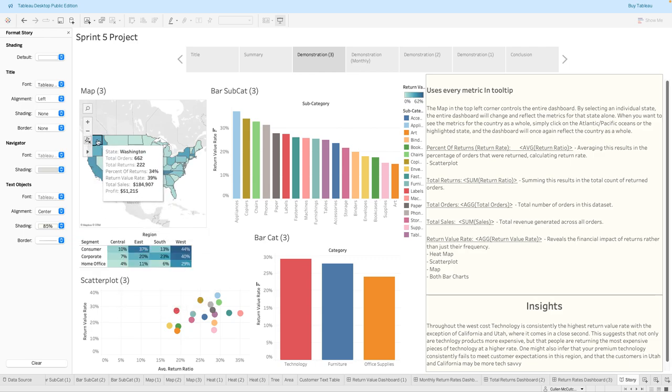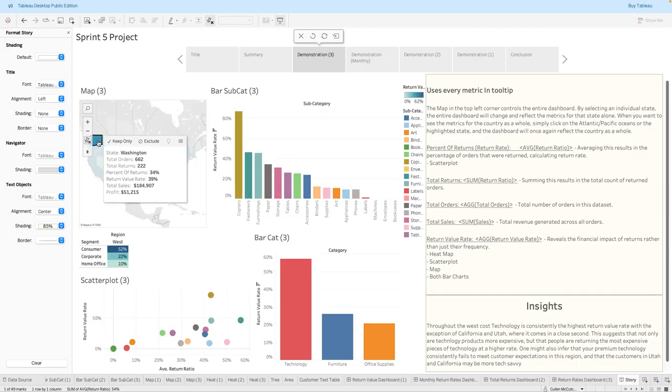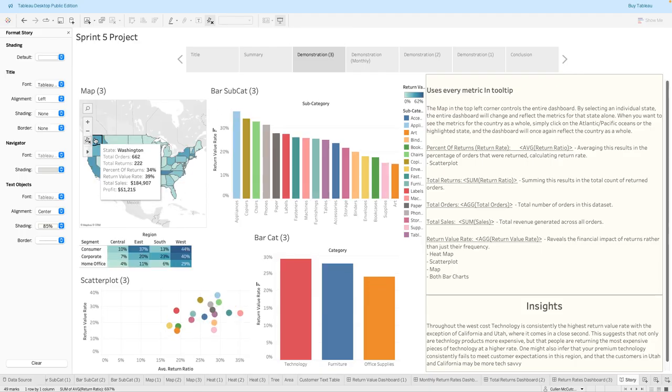So the map in the top left corner controls the entire dashboard. By selecting an individual state, the entire dashboard will change to reflect the metrics for that state alone. When you want to see the metrics for the country as a whole, simply click on one of the oceans or the highlighted state, and the dashboard will once again reflect the country as a whole.